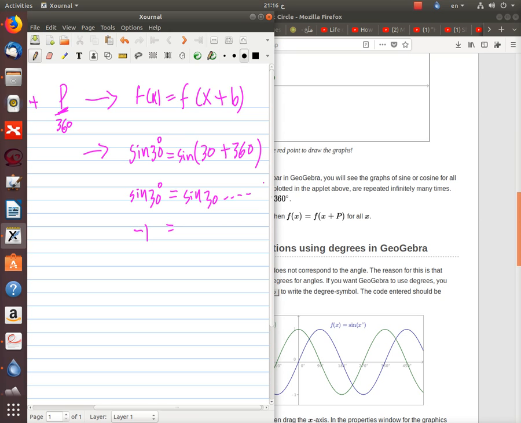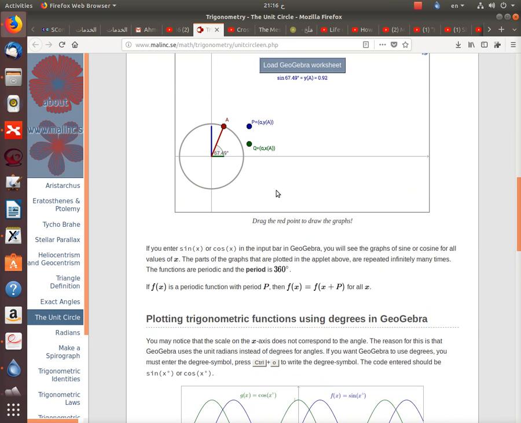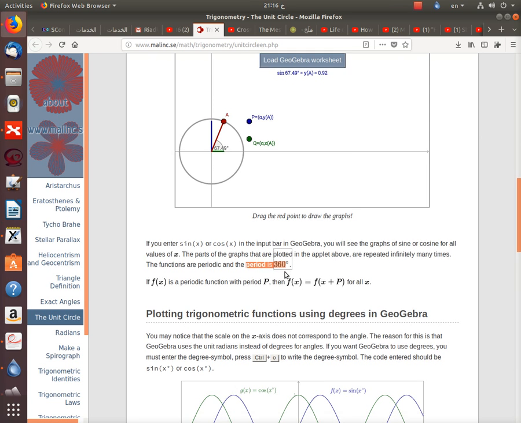I don't want to get you into that, but what I want you to understand is that the period will not change the sine or cosine of something. So sine 67 here is going to be similar to sine of what is in front of 67 here, and the whole point, as it says here, is that the period is 360.